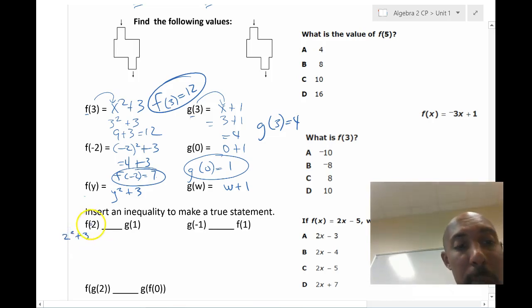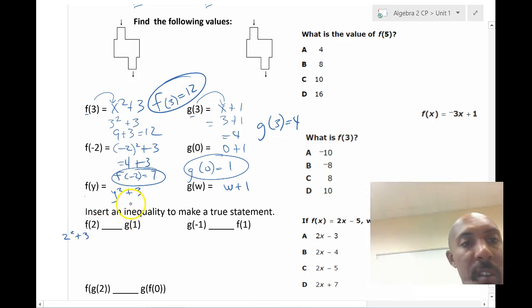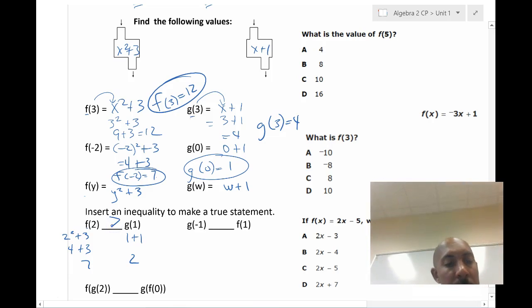Be careful, pay attention to the letter here. If it's f, use the f function, in this case x squared plus 3, and in this case x plus 1. Here it says g, so we plug in 1, so 1 plus 1. So this is 2 squared, 4, plus 3 is 7, and then this is 2. So that means that f of 2 is greater than g of 1.